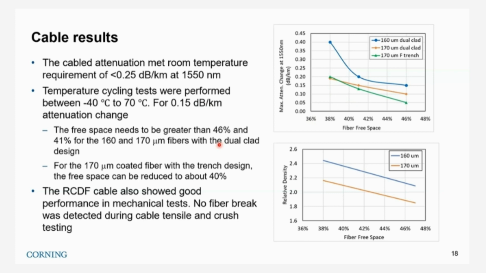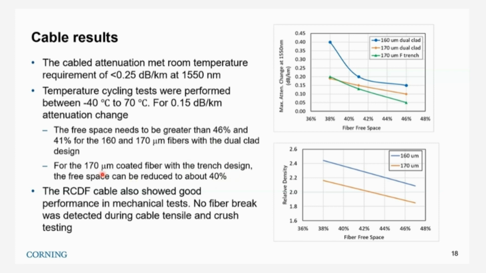From the graph on the top, you can see that for the 160 and 170 micron coated fiber, the free space needs to be greater than 46% for the 160, or 41% for 170 micron, to ensure that attenuation is below 0.15 dB. It also depends on the design. What I just mentioned is for the dual coating design.